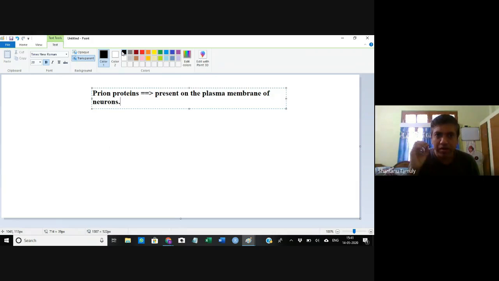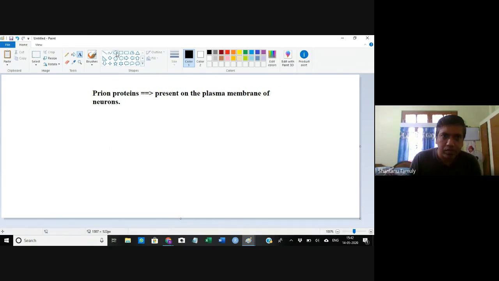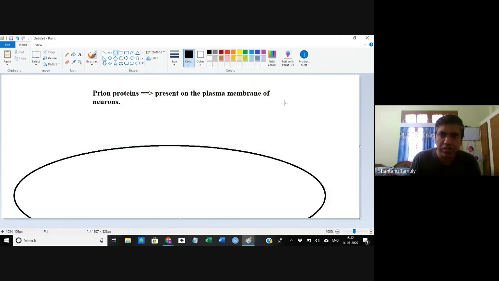When these proteins are properly folded, there is no problem. But the problem comes when they are improperly folded. Say, for example, this is the neuron cell surface, and this is the normal prion protein.